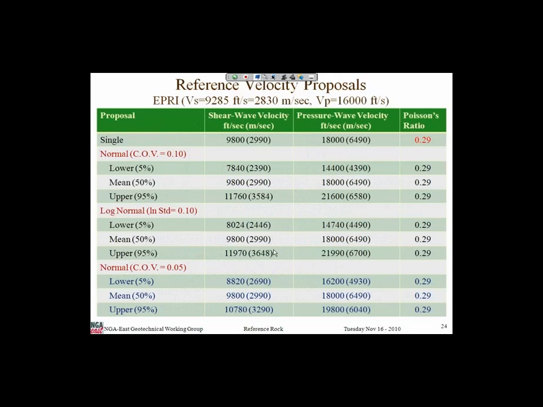And this is now the various proposals we could consider in terms of the variations: the mean, coefficient of variation and distribution, and 5th percentile and 95th percentile, whether we have normal, log normal, or normal with a coefficient of variation of 0.05.